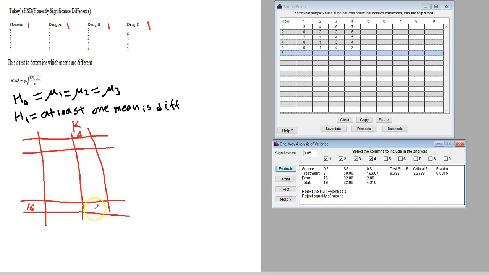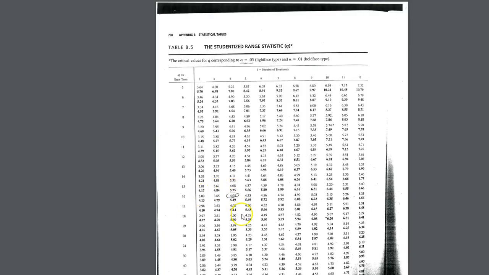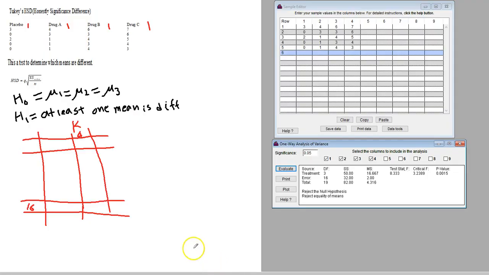Degrees of freedom is 16. And we need to find the value in this box there. If you go there, you will see that the box tells you that it is going to be 4.05. So that's going to be our Q value there.